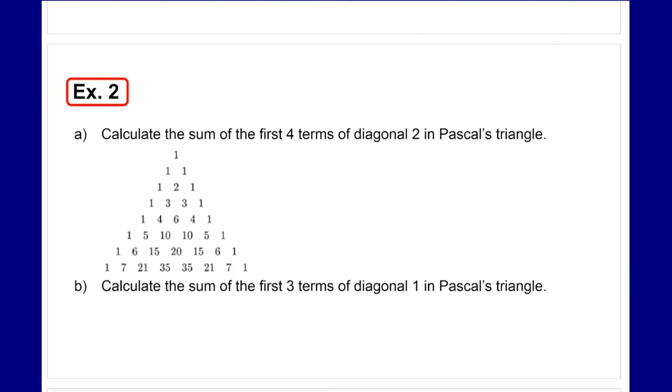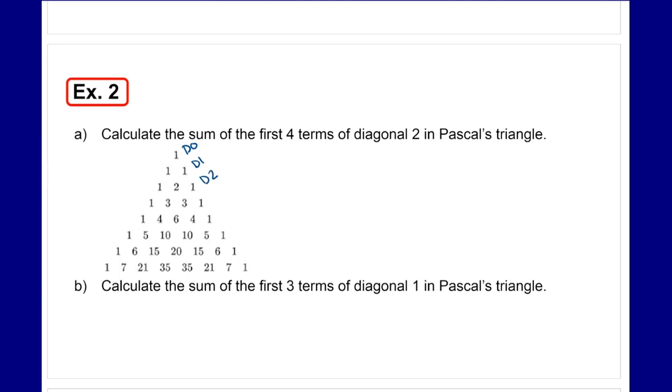What we want to do now is take a look at the diagonals. So let's calculate the sum of the first 4 terms of diagonal 2 in Pascal's triangle. If we look at Pascal's triangle here, the diagonals work the same way as the rows. So this is diagonal 0, so we'll call this D0, D1, D2.